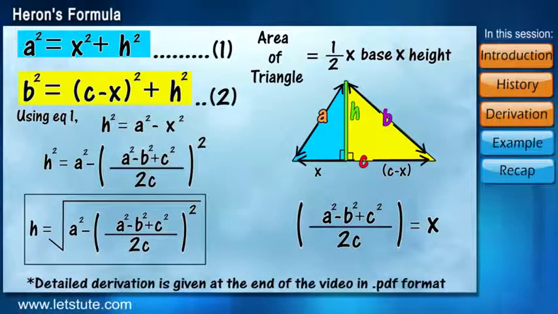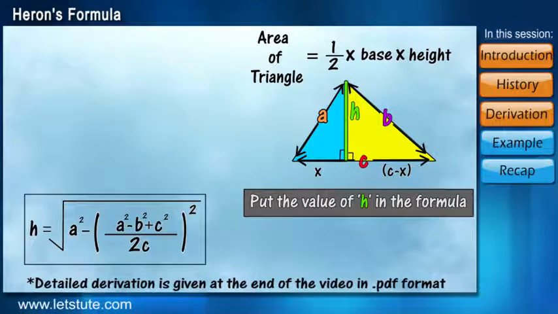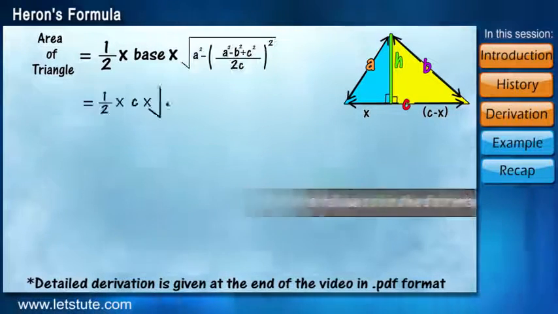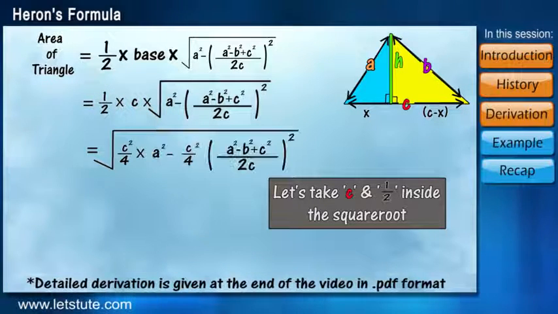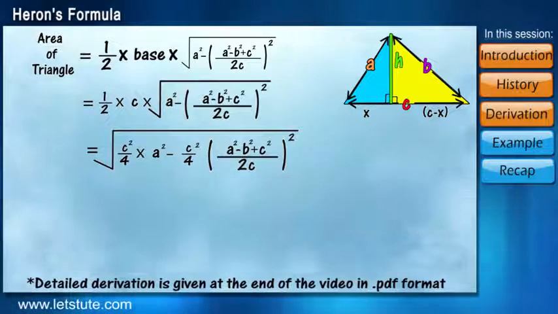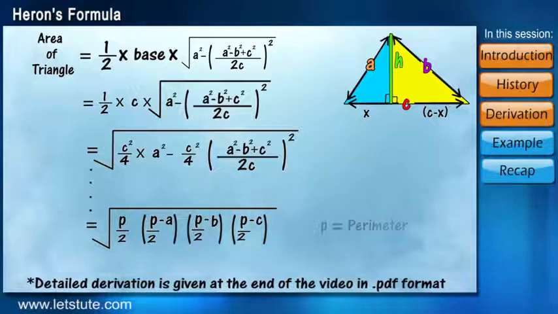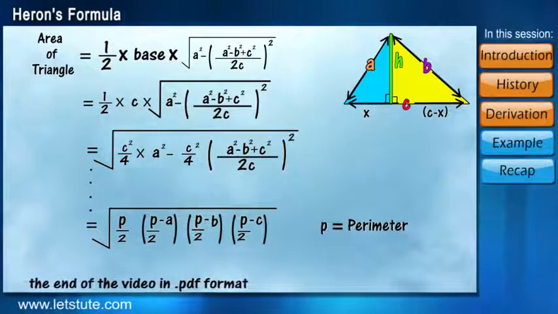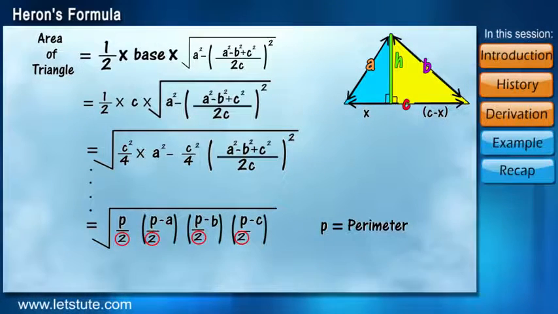Now all we have to do is put the value of h in the formula half into base into height. Let's take c and half inside the square root. Now after solving it further, we come to a step where we only have perimeter and sides in the formula. Here we can see that perimeter is divided by 2 everywhere.